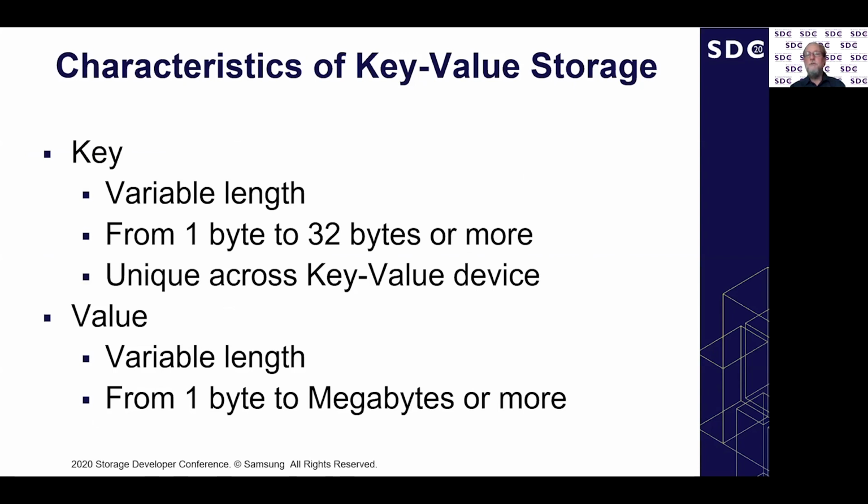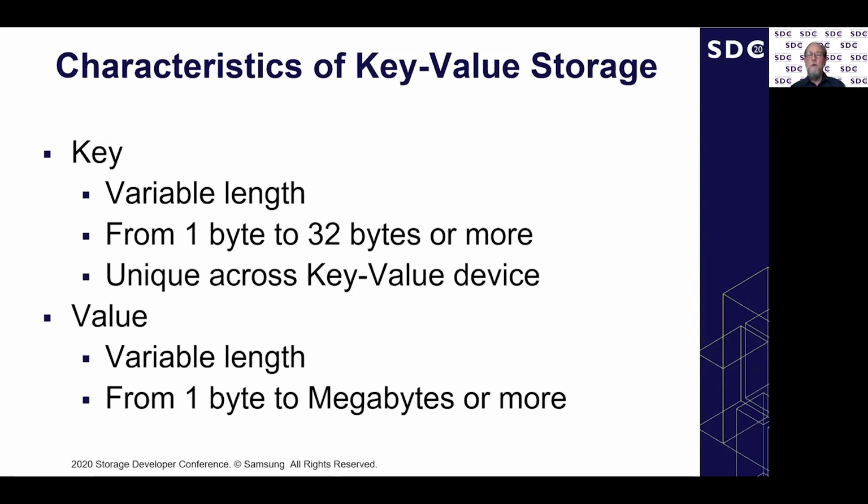So the characteristics of key value storage, again, this is based on the current implementation. The key is variable length. The current NVMe specification allows from 1 byte to 32 bytes. Currently, it is extensible to allow for a larger key. It is unique across that key value device.